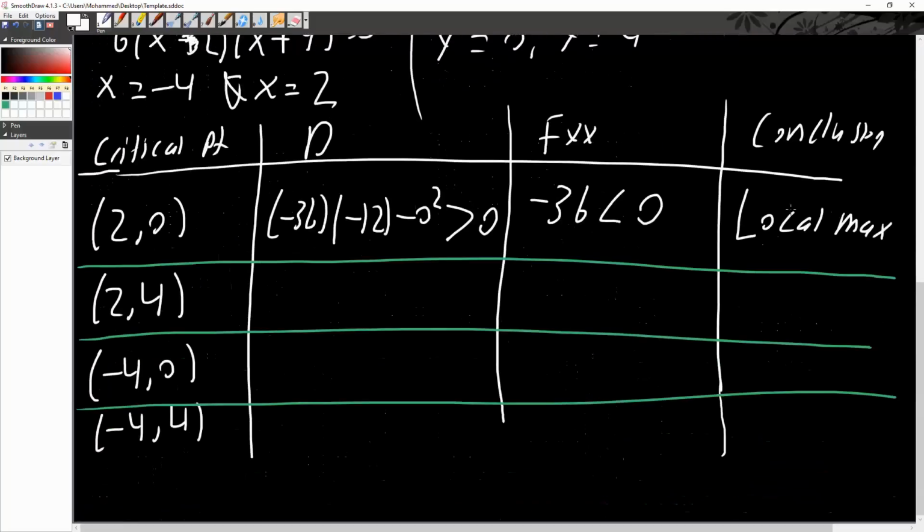And for the other point, I'm just going to write down what we had. So for this one, it would also be negative 36 times 12 minus 0 squared, which is less than 0. You can plug the numbers in on your own. And since it's less than 0, we don't even need to worry about fxx. It would automatically be a saddle point.